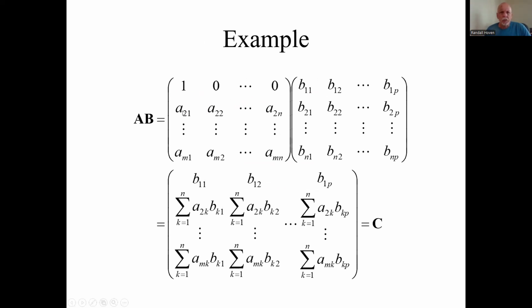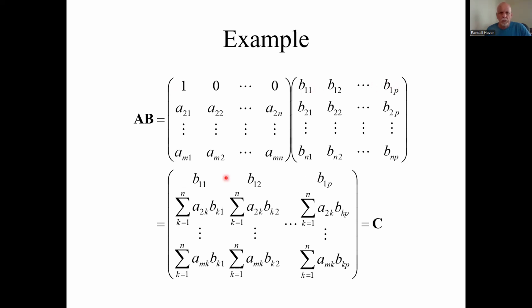Let's say I pick a certain row of A and make one guy 1 and the rest 0s. I know in this case I did it in the first row. That's only going to affect the first row of C. And the 1 in the first position is going to pick off the top elements of the B's.